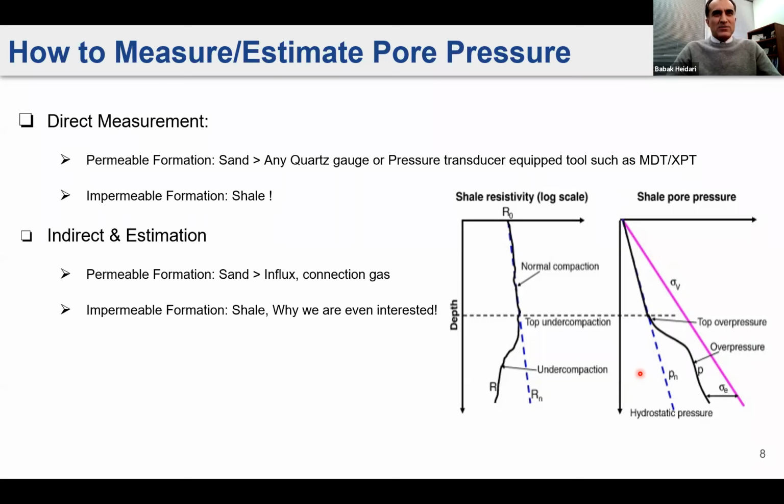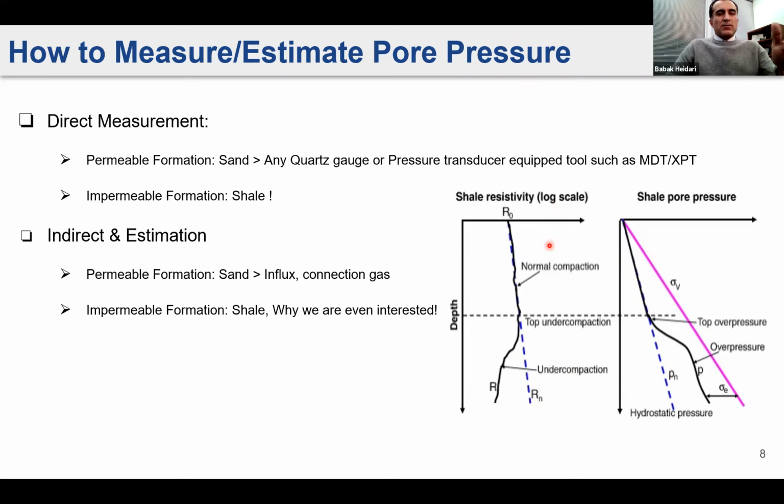They didn't want to get into a risky operation, and they were urging geologists to come up with some estimation of the pore pressure in the permeable sand, which is right below the thick shale, for example. And they were seeing that lots of times this sand is overpressured and giving them trouble.